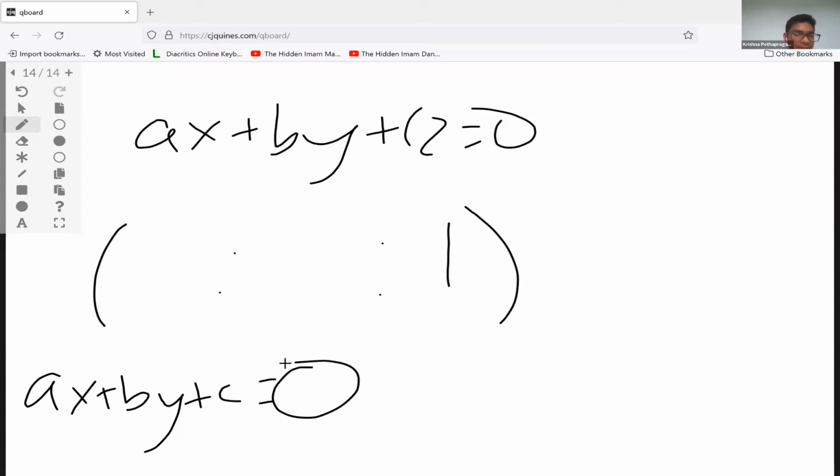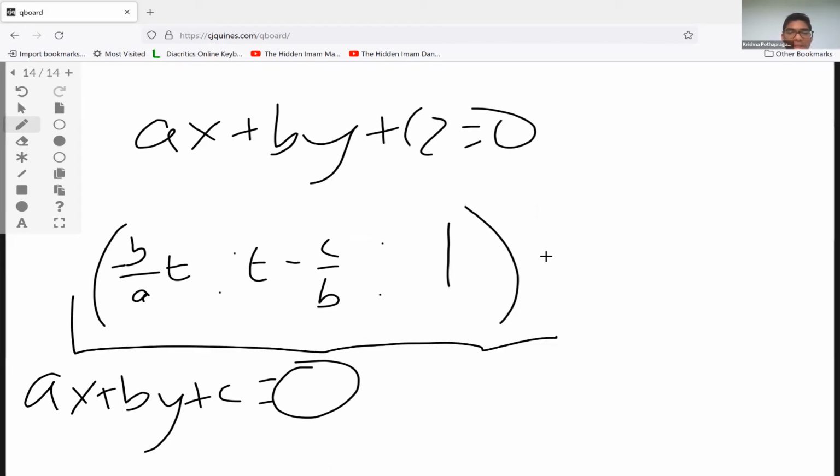We can define the coordinate of A as something like T, and we can define this as T minus C over B. Here we go. So these are all polynomials. As T varies among the reals plus infinity, this covers every point on this line. So that's how we parametrize lines.